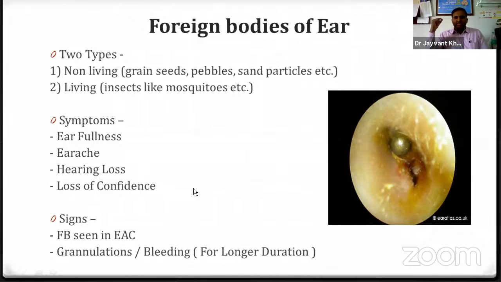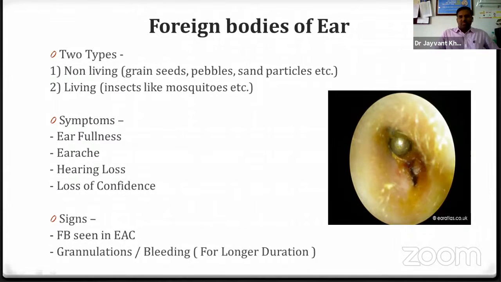Something present in the EAC will lead to loss of confidence, because there is a psychological condition with the foreign body.